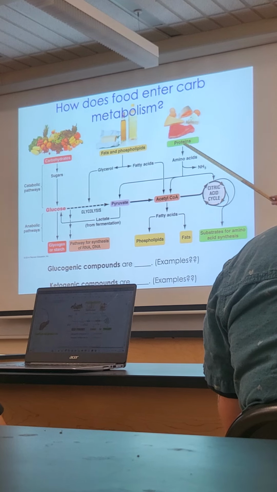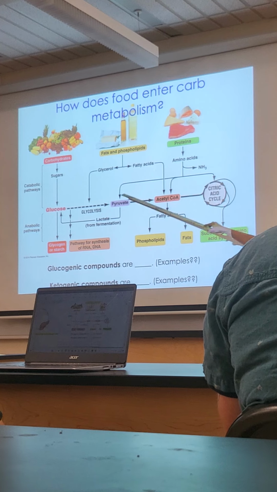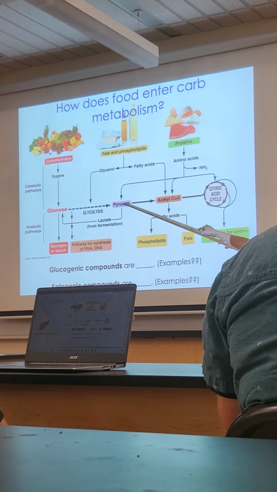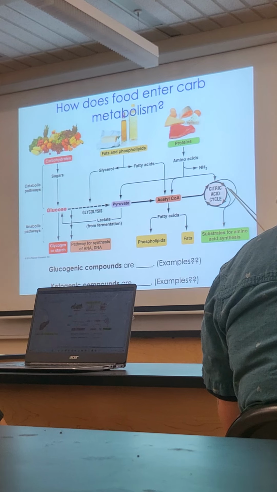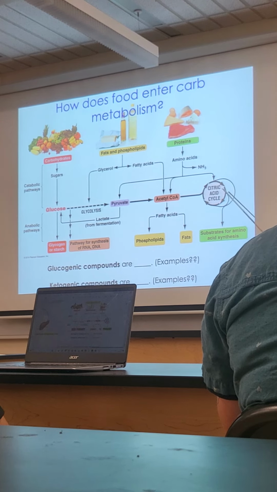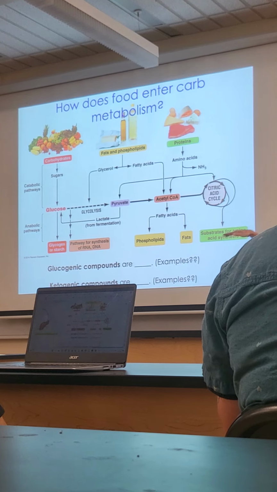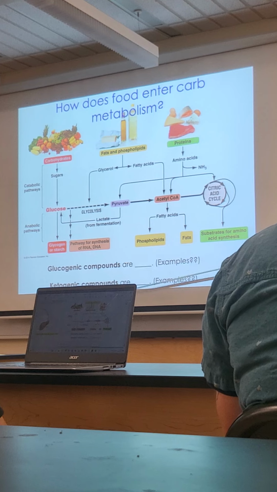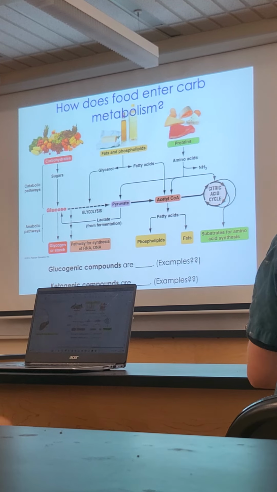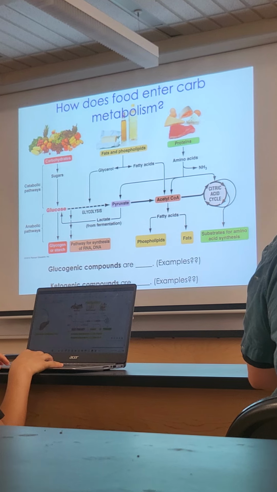And then our proteins that we consume, it depends on the amino acids. Some of them get converted to pyruvate, and some of them get converted to intermediates in the citric acid cycle. So that's how they would enter into this main carb metabolism pathway. There are two different breakdowns for the foods that we eat. They're considered glucogenic or ketogenic.